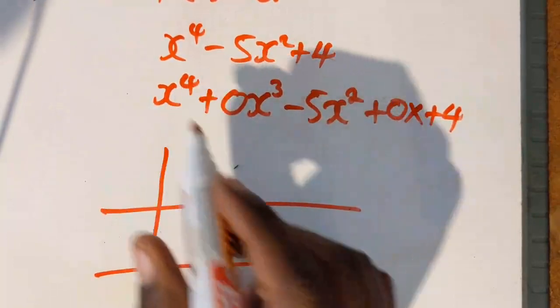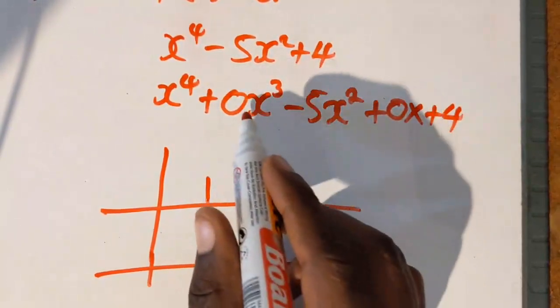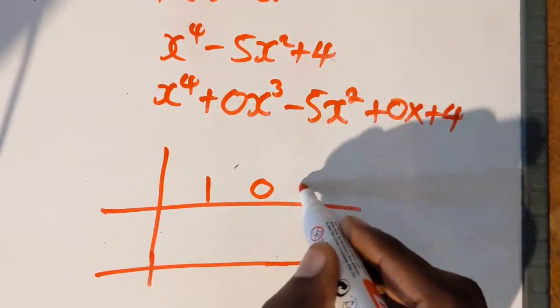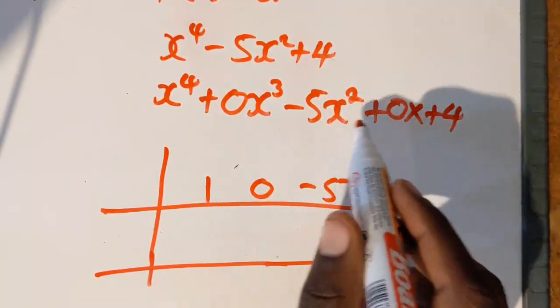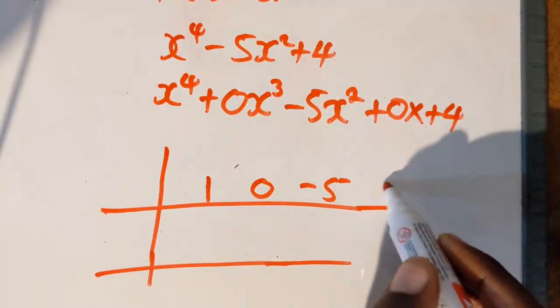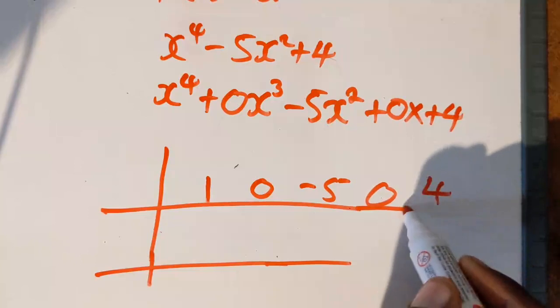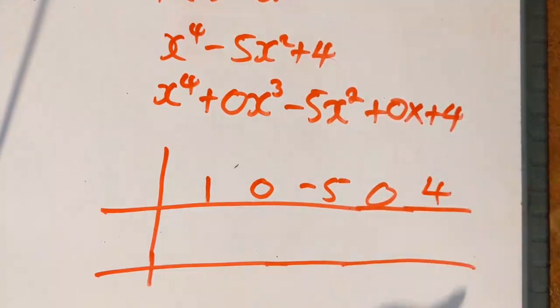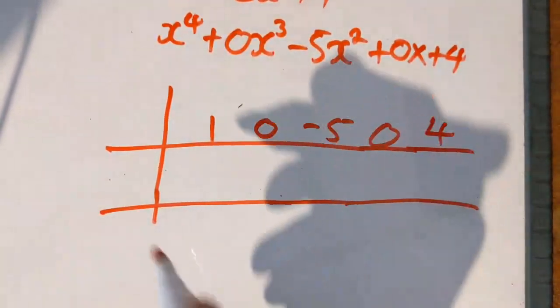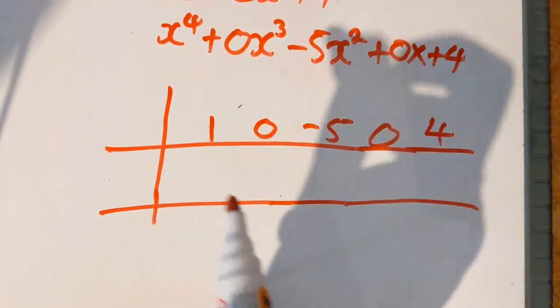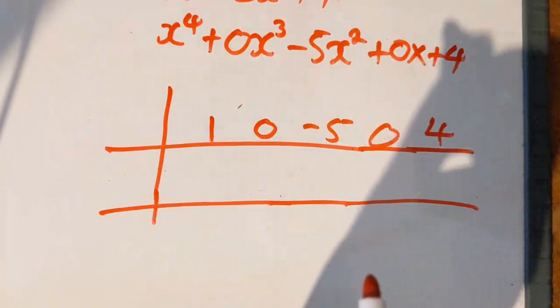The coefficient of x is 1. The coefficient of this is 0. The coefficient of this is negative 5. The coefficient of this is 0. And the coefficient of this is 4. We're just trying to prove the remainder if it will be 0.